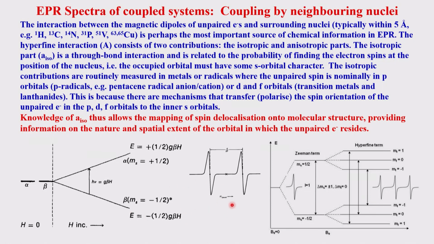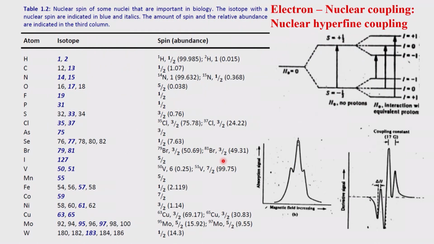You can measure the difference between these lines and calculate your A value out of this. I hope you understand how this one single transition is now converted into multiple transitions because of the nuclear spin coupling.